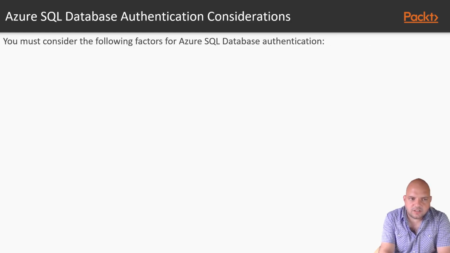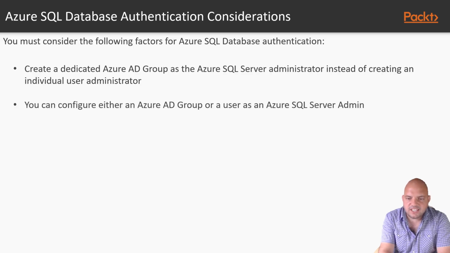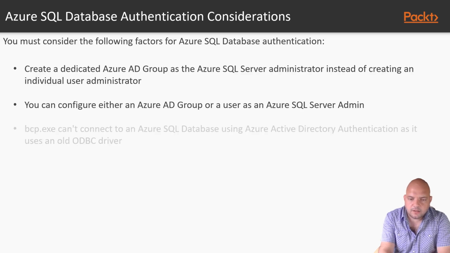Now, you must consider the following factors for Azure SQL database authentication. Create a dedicated Azure AD group as the Azure SQL Server administrator instead of creating individual user administrators. You can configure either Azure AD group or a user as an Azure SQL Server admin.